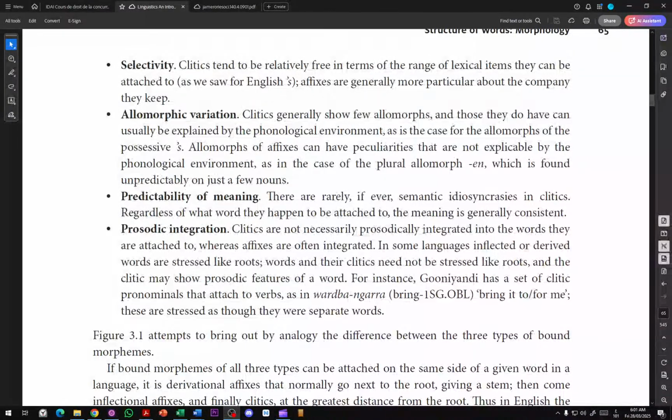Clitics are not necessarily prosodically integrated into the words they are attached to, whereas affixes are often integrated. In some languages, inflected or derived words are stressed like roots.